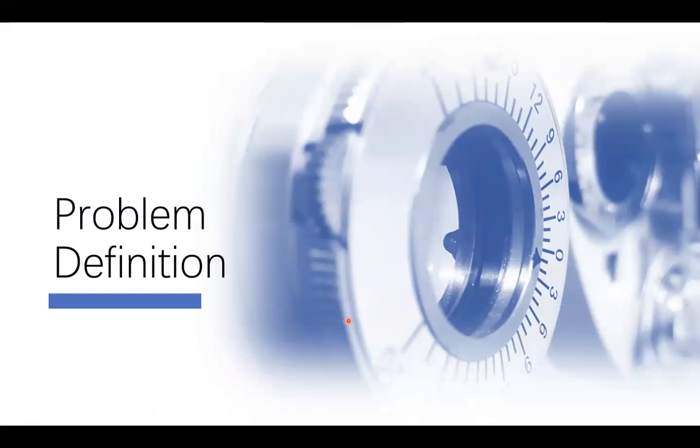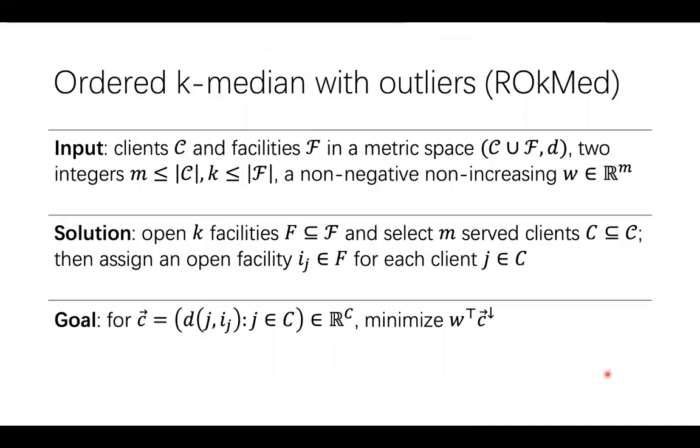Now onto the definition of the problem we are specifically interested in in this paper, which is called ordered k-median with outliers, aka robust ordered k-median. In the input, we are given a set of clients and a set of facilities that are both in a common metric space.